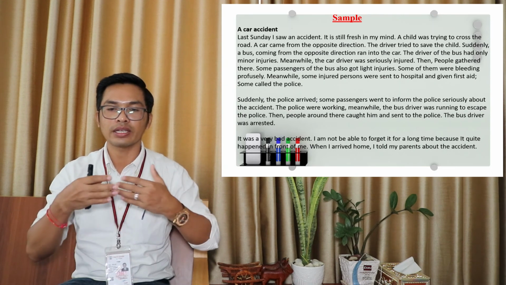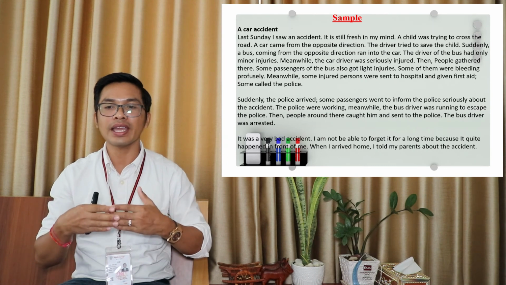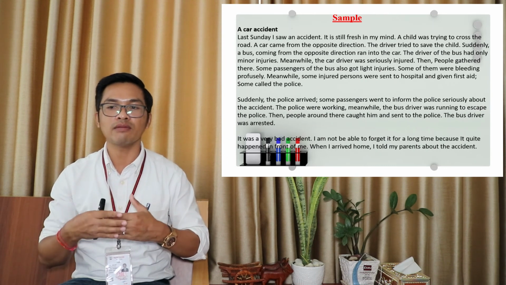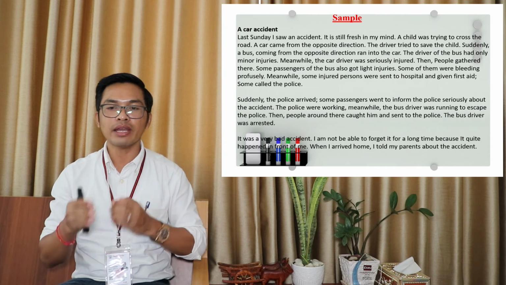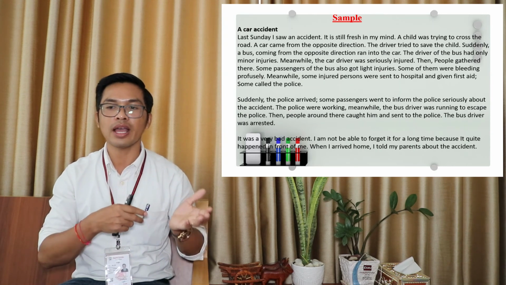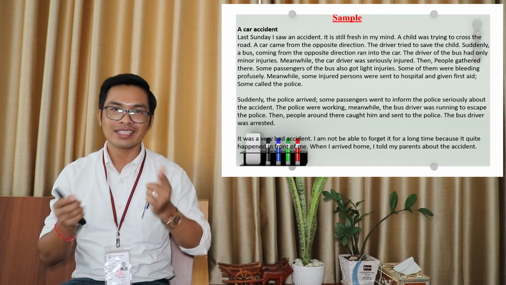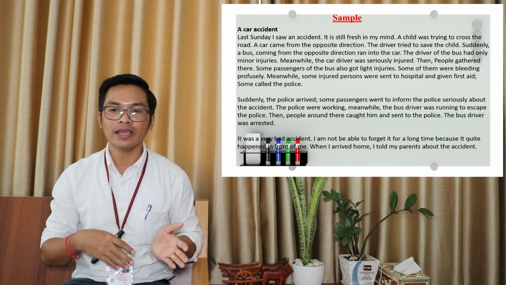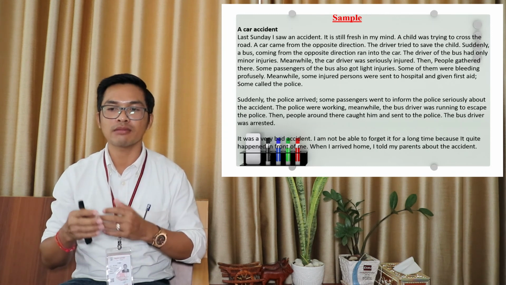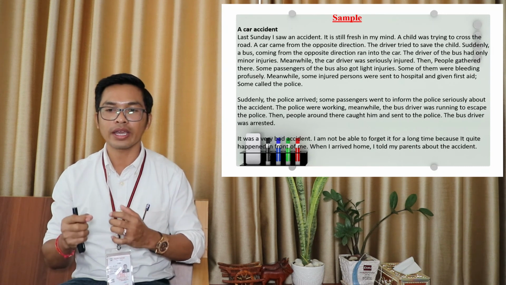Then the people gathered there. Some passengers of the bus also got light injuries. Some of them were bleeding profusely. Meanwhile, some injured people were sent to the hospital and given first aid. Some called the police. Suddenly, the police arrived. Some passengers went to inform the police about the accident. The police were working.